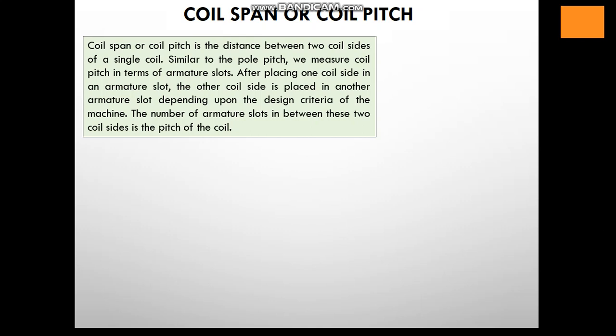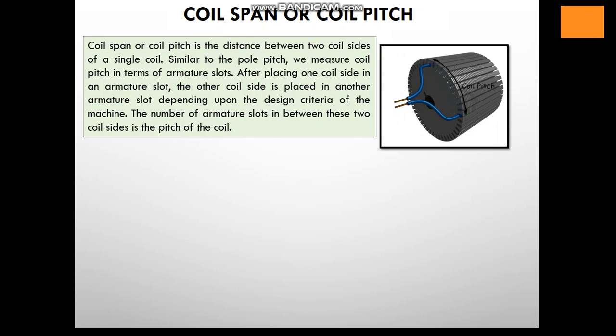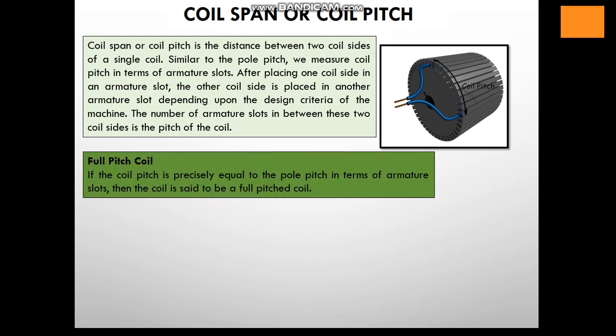There are two types of coil pitch. It enters one slot and comes out at another, so the distance it travels is how many slots it passes. The first is the full pitch coil. A full pitch coil is precisely equal to the pole pitch in terms of armature slots.